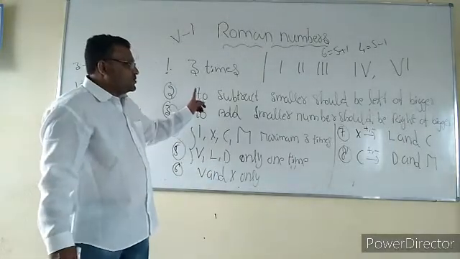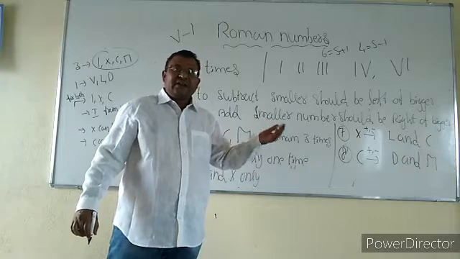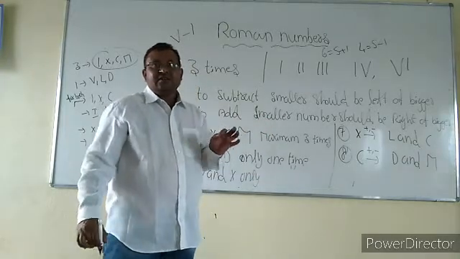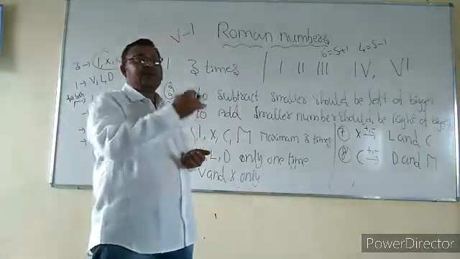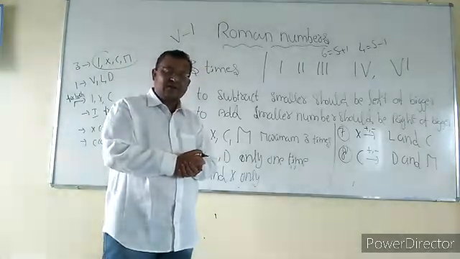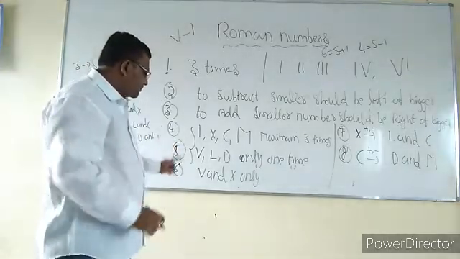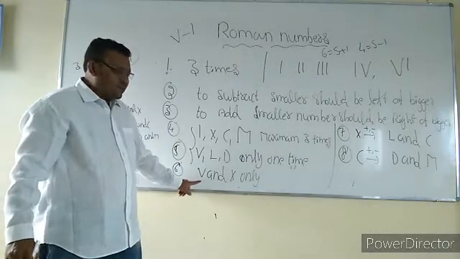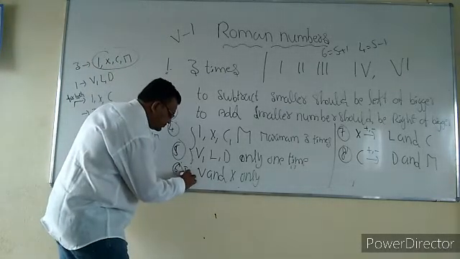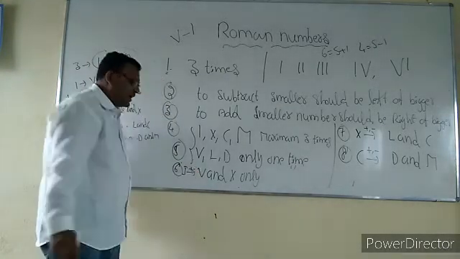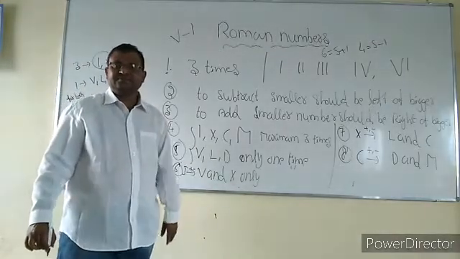And next, to subtract a smaller number, we should write it to the left of the bigger number. Then only subtraction is allowed. To add, we have to write the smaller number to the right of the bigger number. Then only addition is allowed. And moreover, 1 we can add or subtract only to 5 and 10.